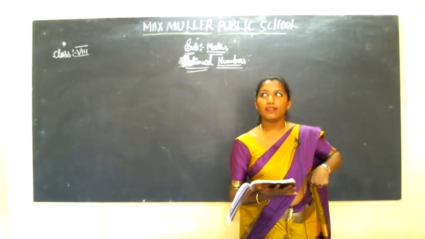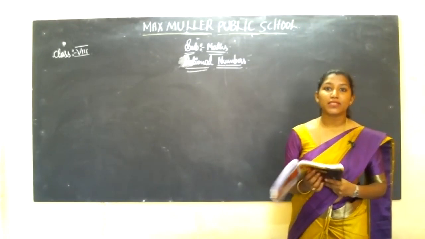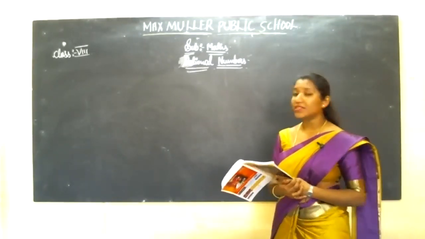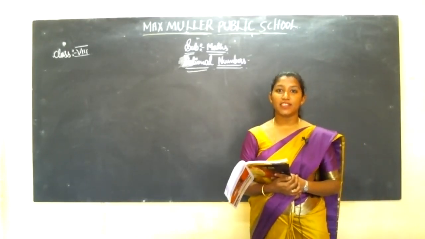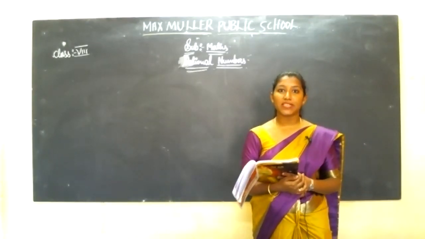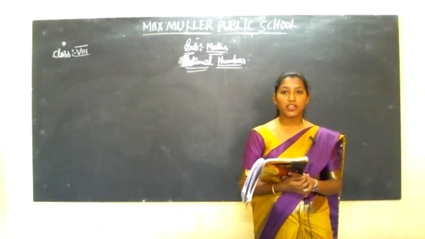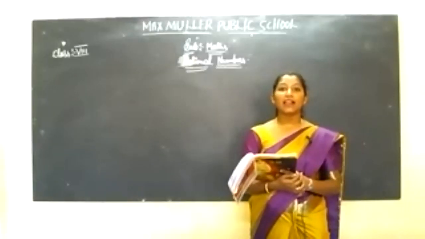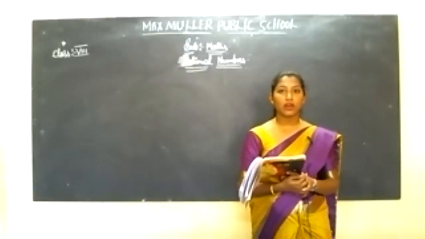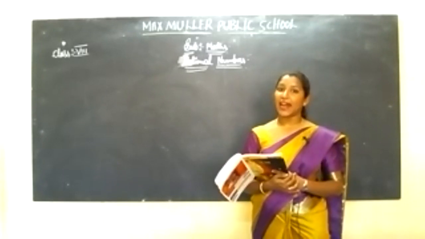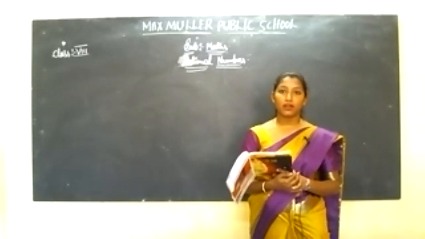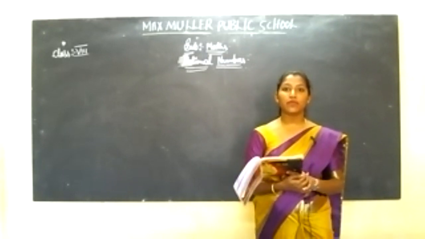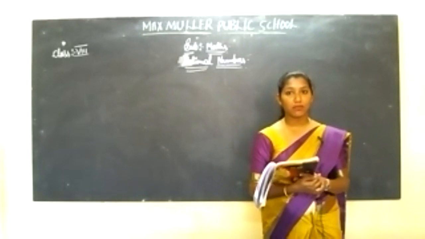And as usual, rational numbers. We already know what rational numbers are. We have studied in the earlier classes some properties: the commutative property, the closure property, and the associative property. Under closure property, you have studied for whole numbers, integers, and rational numbers, and the commutative property also for whole numbers, integers, and rational numbers.